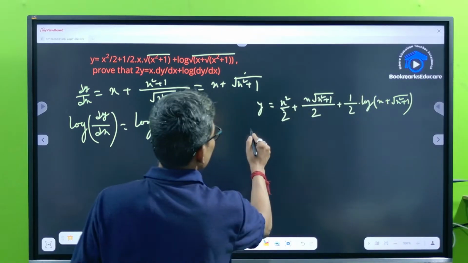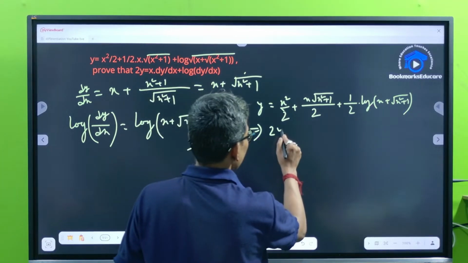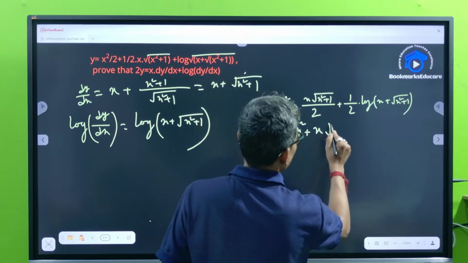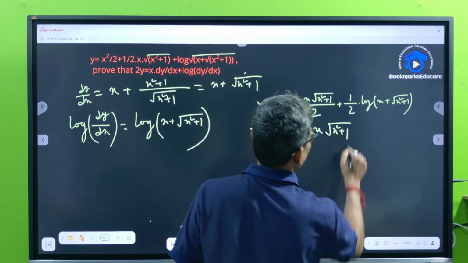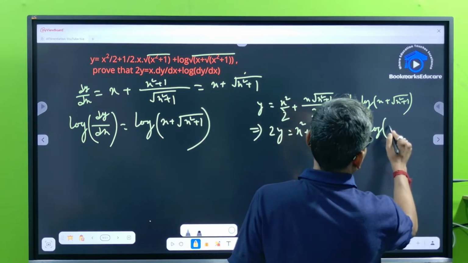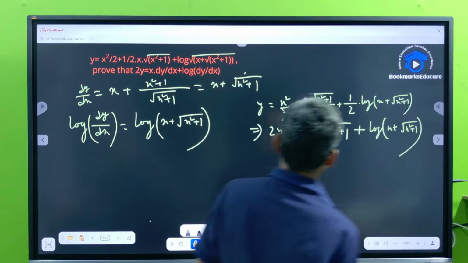Okay, so multiplying on both sides by 2, 2y is equal to x square plus x into root over of x square plus 1 plus log of x plus root over of x square plus 1.